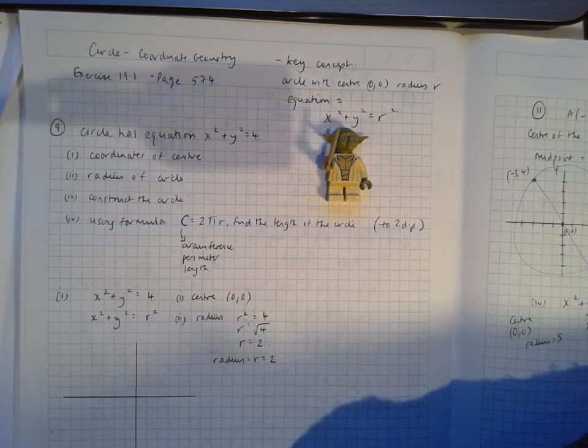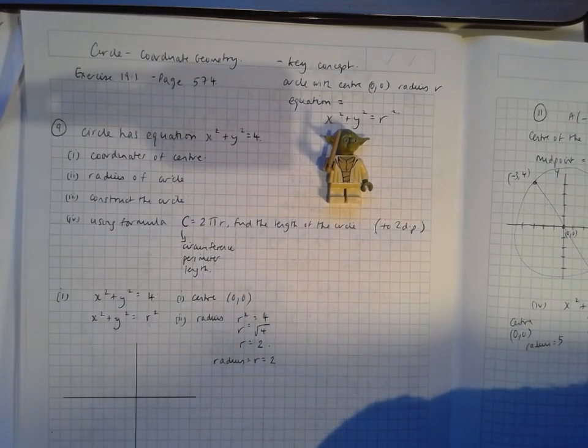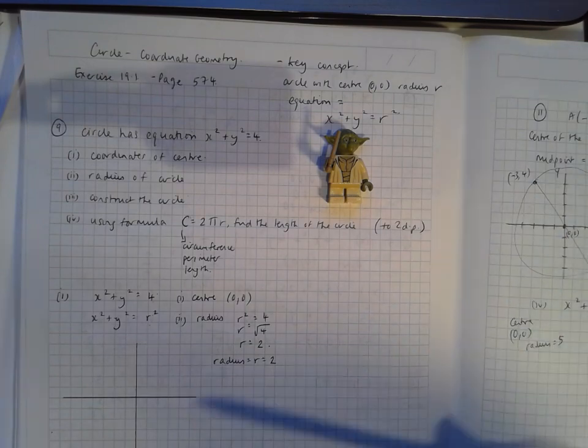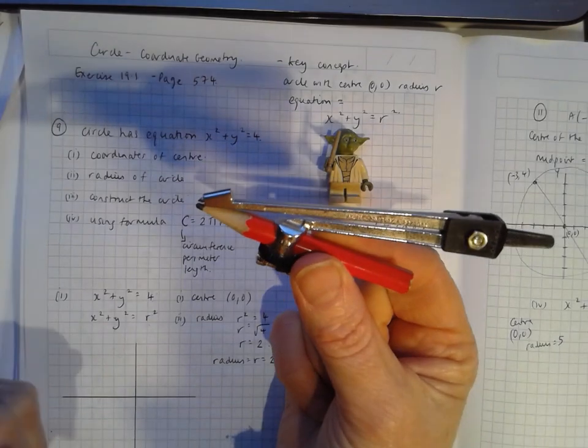Do I have a compass here? Bad preparation. Oh, here I've got a compass. I just have to put a pencil in it. Thank you, I've got somebody here to help me with these things. So here we've got a pencil and a compass, to make sure my circle's accurate.